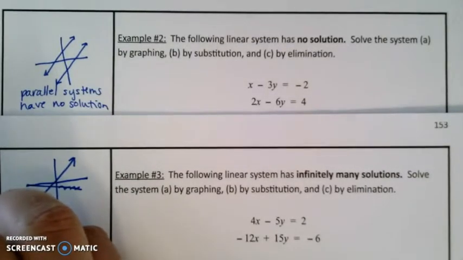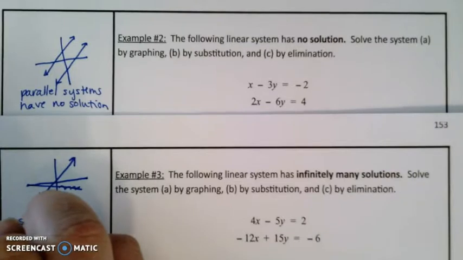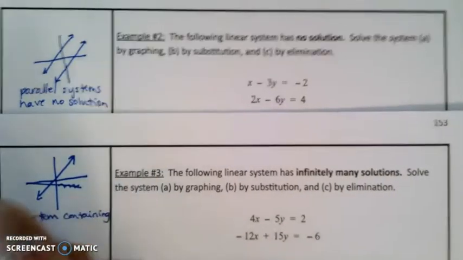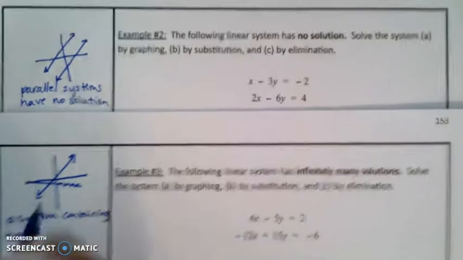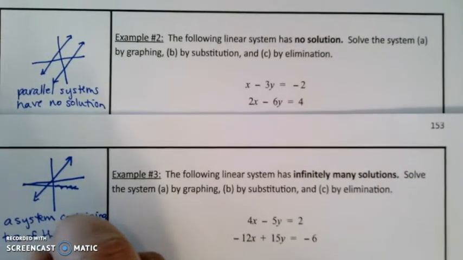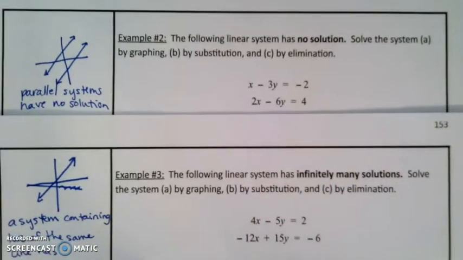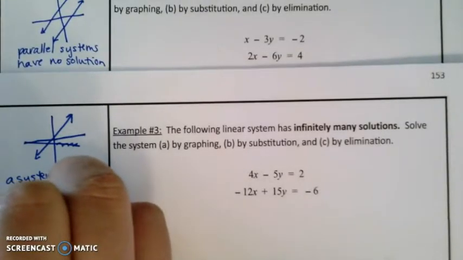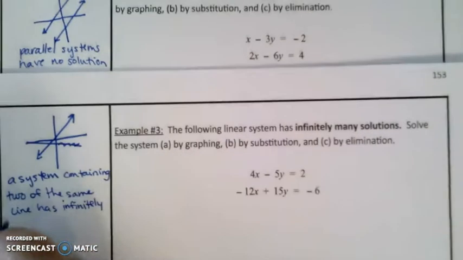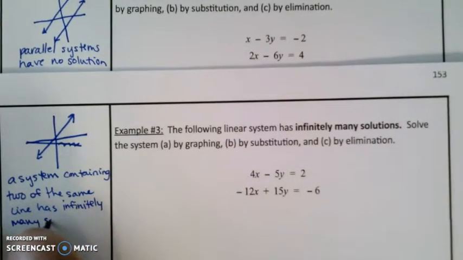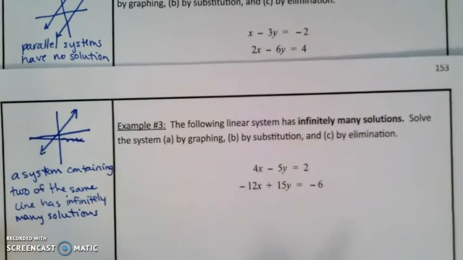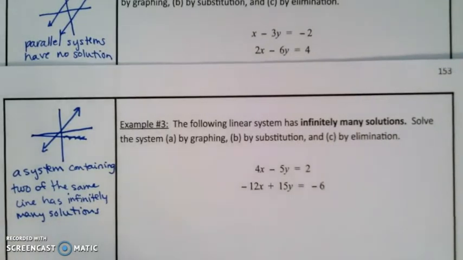So a system containing 2 of the same line has infinitely many solutions.